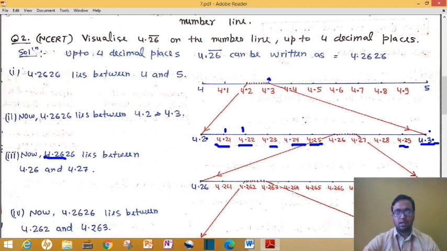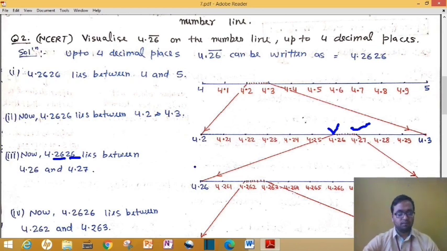So we can say that here we have 26, but the number is not exactly 26, it is 4.26 and something more. So we can say 4.26 plus something. This number will lie between 4.26 and 4.27. So we will again make its magnified diagram.